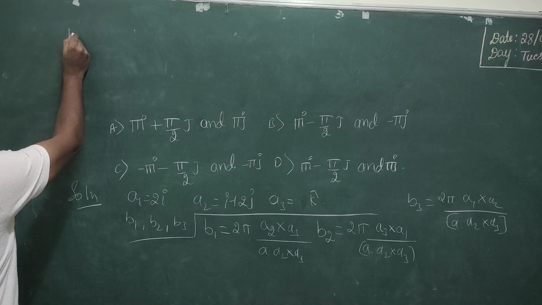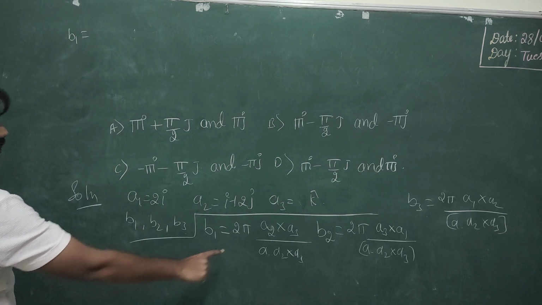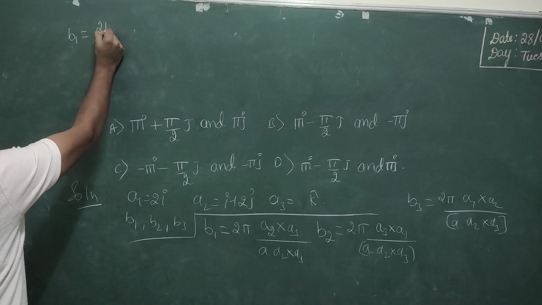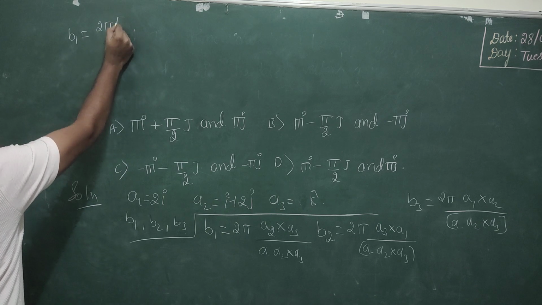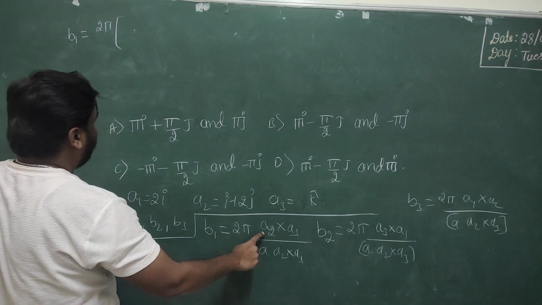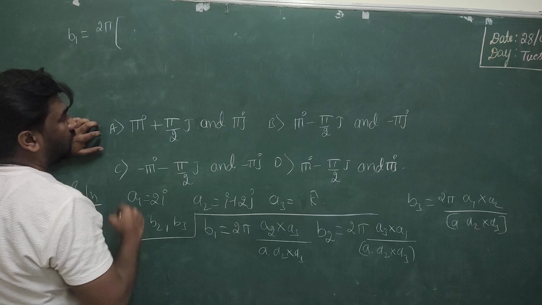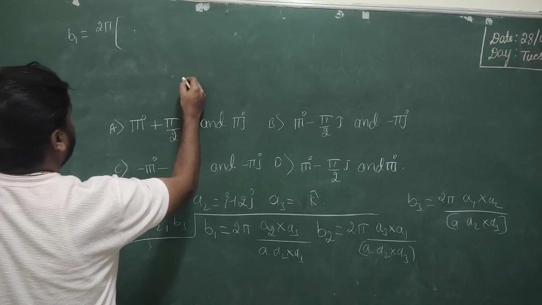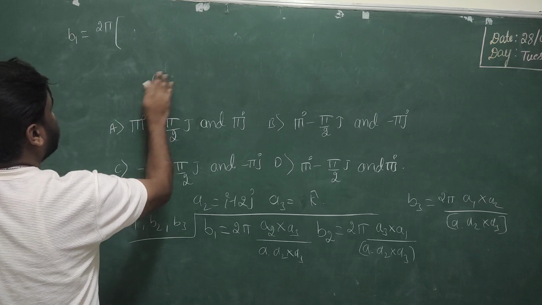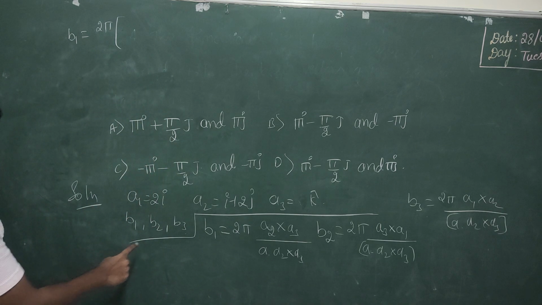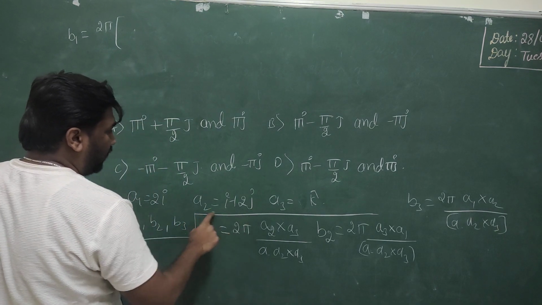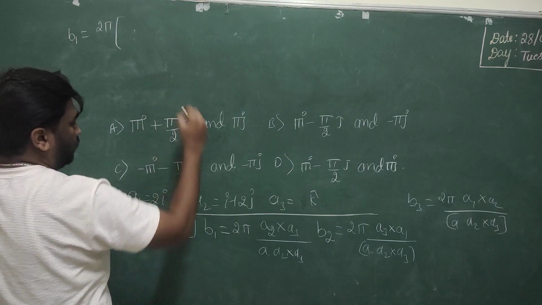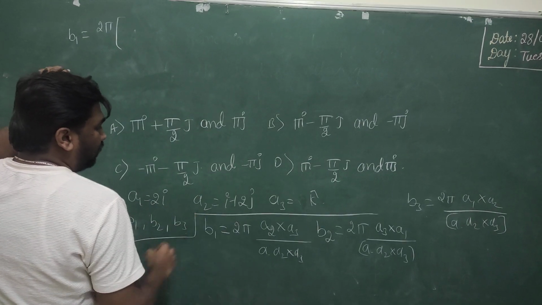B1 is equal to 2 pi into A2 cross A3. A2 is i plus 2j.